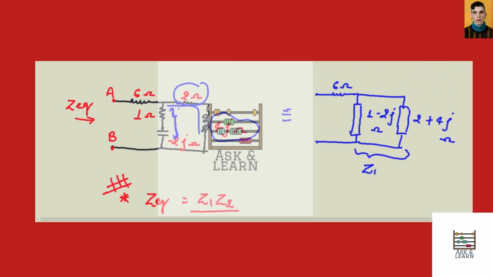So suppose this is our Z equivalent prime, and this is our Z1 and this is our Z2.